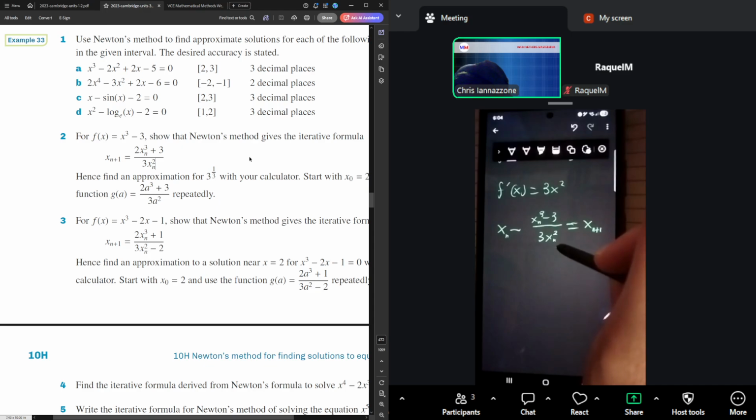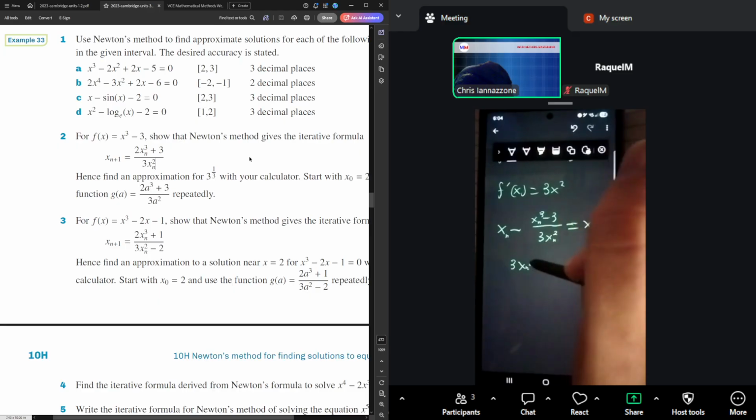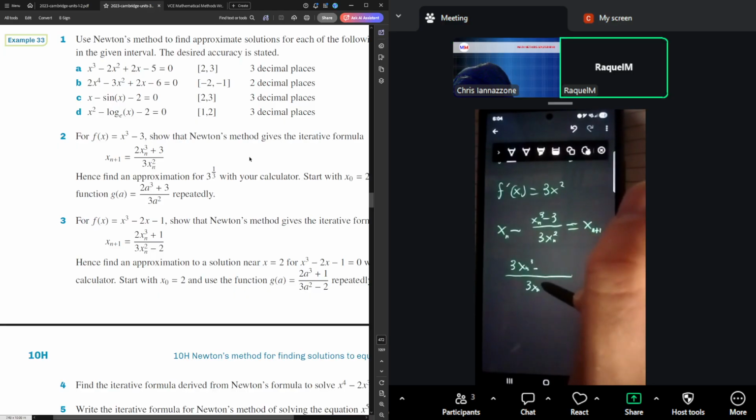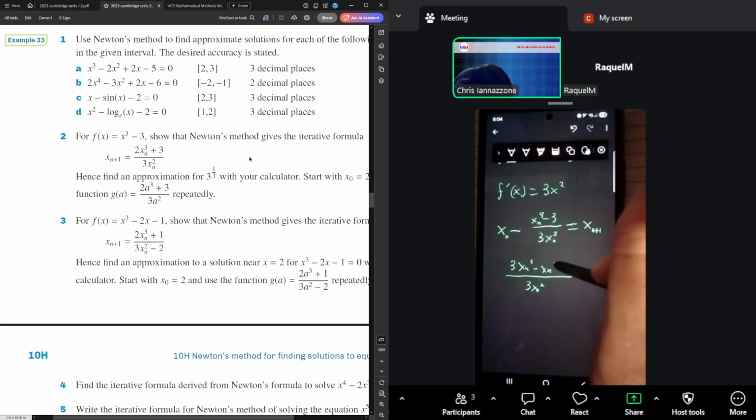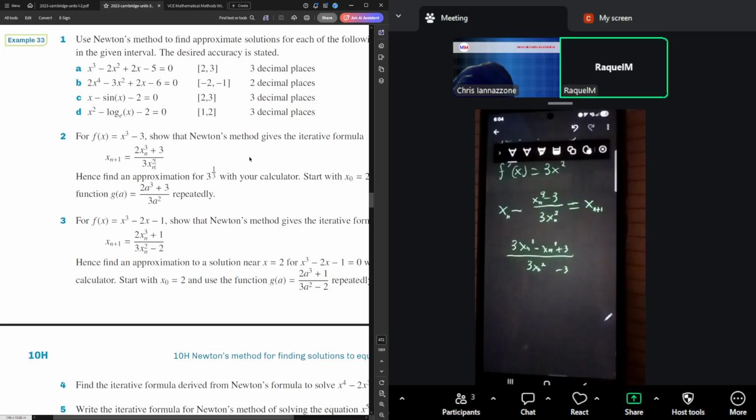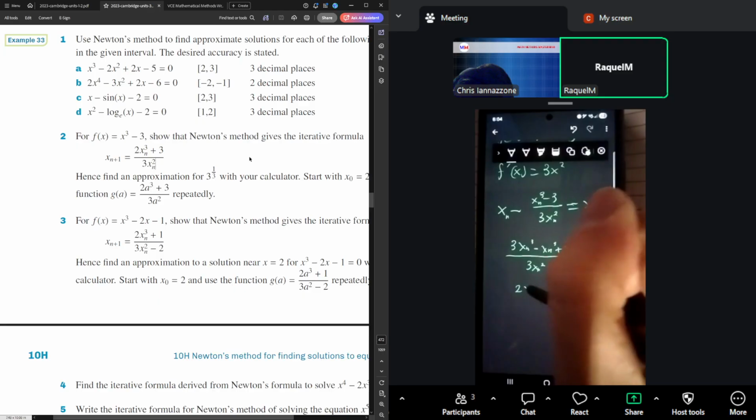So 3xn squared times xn is going to be xn cubed, so 3xn cubed. It's minus all of this. So what are we going to have on the rest of the top? Minus xn cubed plus 3. Yeah, that's it. Which would just make 2xn cubed plus 3 on 3xn squared.